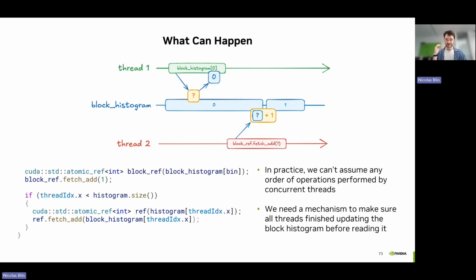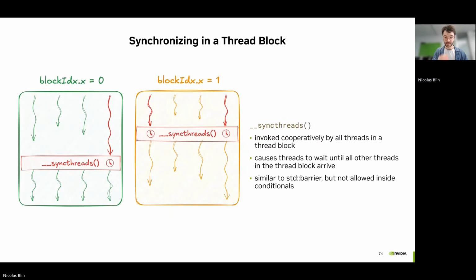To fix this issue, we have to make sure that all the threads are finished updating the local block histogram before we read it. For that, CUDA provides what we call syncthreads. syncthreads is a special CUDA function that acts as a barrier for all the threads in a block.